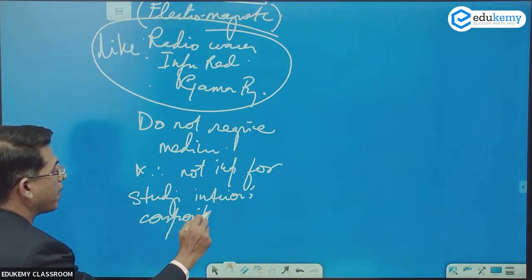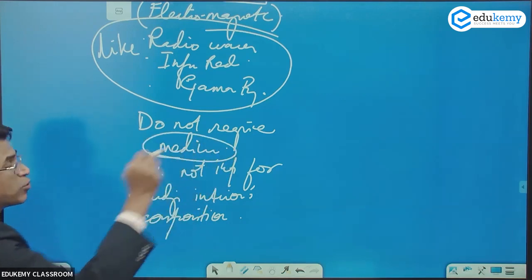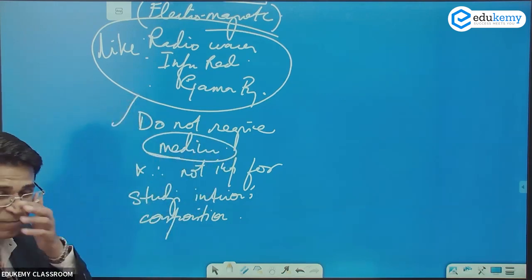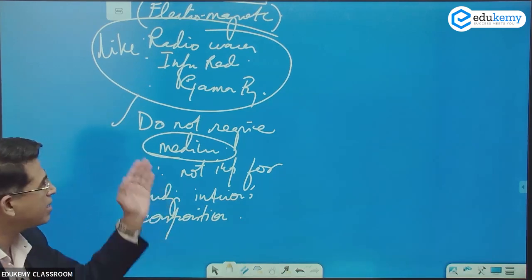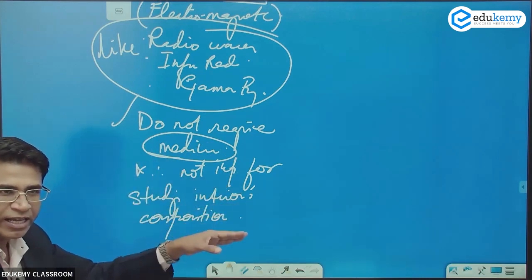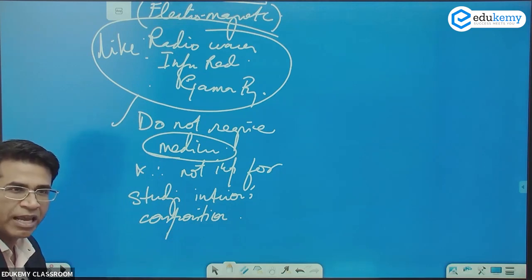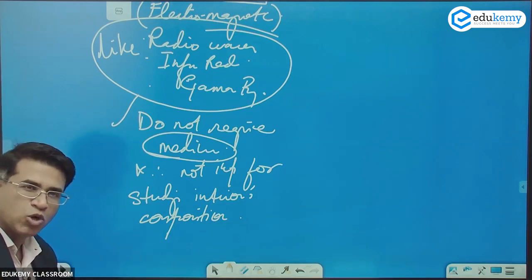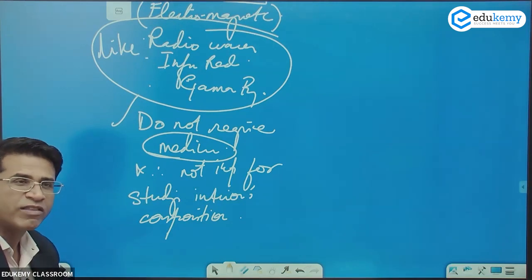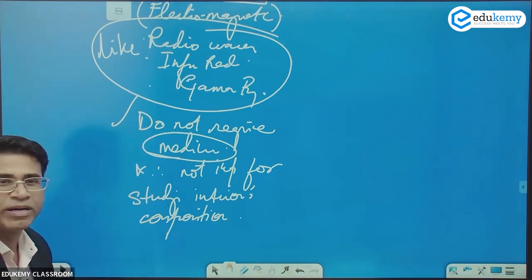Write this down: radiations do not require a medium to travel. I hope you understand this point. They can pass through a vacuum. They don't require solid, liquid, or any type of gaseous medium. They can pass in nothingness. Radiations do not depend on the properties of the medium.